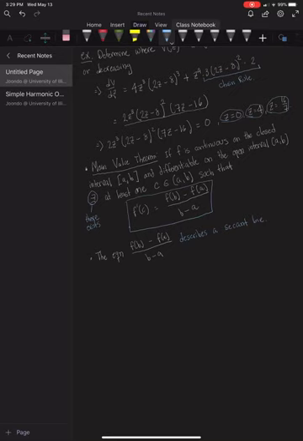And what do I mean by a secant line? Well, let's give it a graph. Suppose we have a parabola. A secant line is a line that intersects 2 points, literally. So, suppose it intersects it here and here.